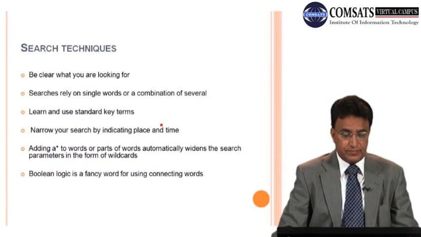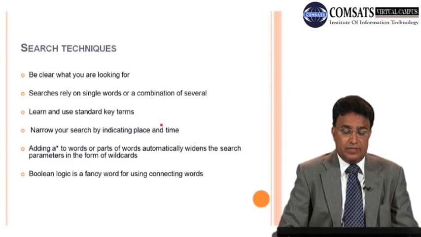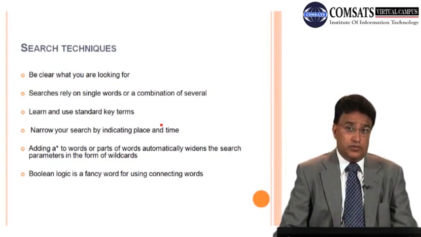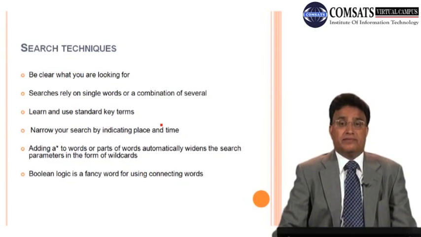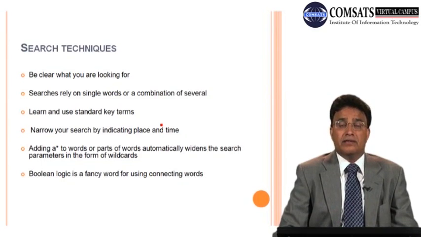Then there is another technique that is called Boolean logic. Boolean logic is used to make your search precise, specific. And what is that logic? The logic is that you can use some words like and, or, and some others.